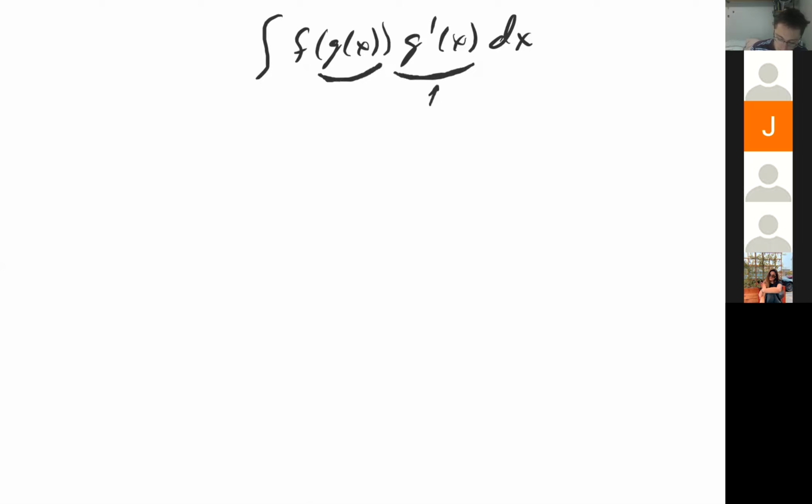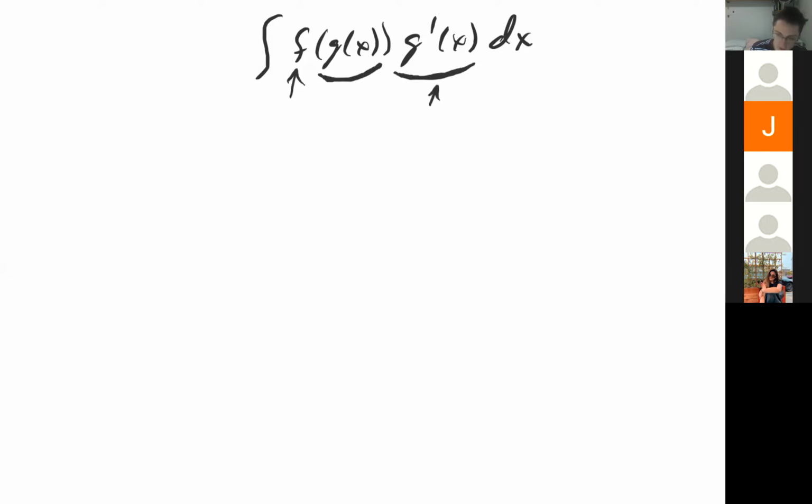sometimes you'll get very lucky and you'll have some sort of function that is of this form that you're integrating. And you have to be on the lookout for this type of function where you might notice that the inner function actually has a derivative that's being multiplied by outside of the function f.